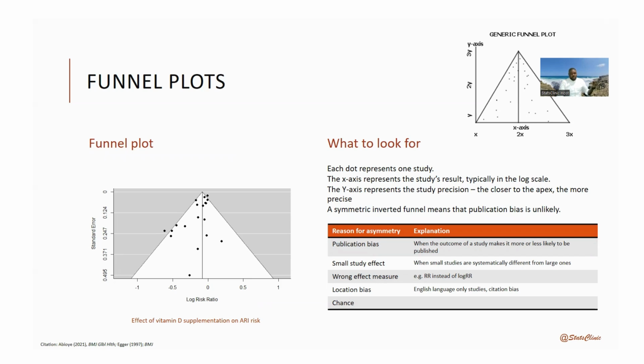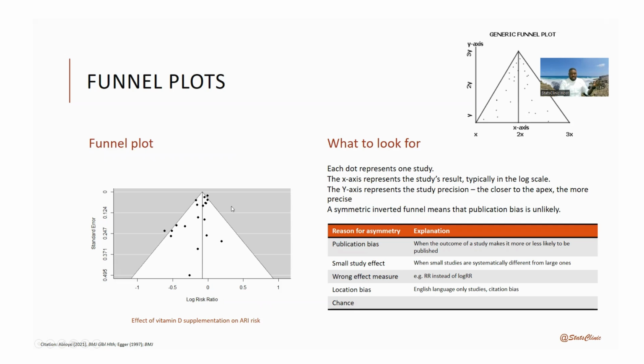In this case, we have slightly more studies here, which you might say, okay, because it's odd, but then you also have this one study so far out, so far away from the rest of the studies.